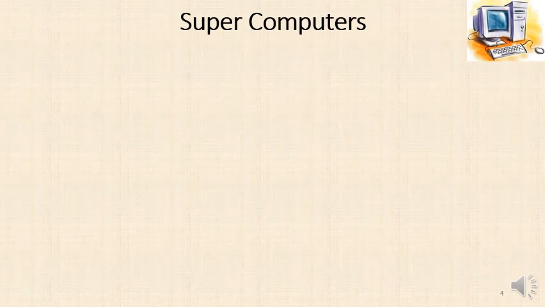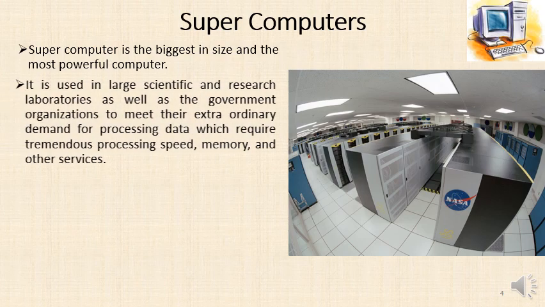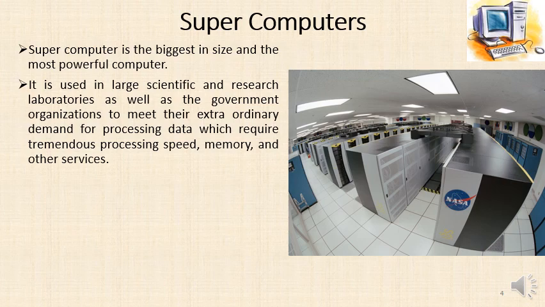First of all, supercomputers. Supercomputer is the biggest in size and the most powerful computer. It is used in large scientific and research laboratories as well as government organizations to meet their extraordinary demand for processing data, which requires tremendous processing speed, memory and other services.